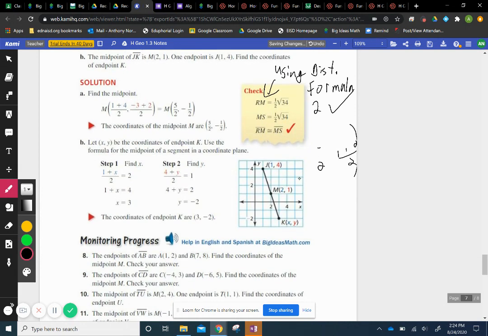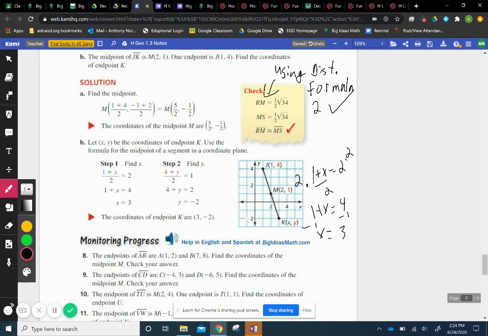We're going to find out what K is by using these 2 points. They're going to use some algebra. 1 plus x equals 2 over 2. Multiply both sides by 2. So 1 plus x equals 4, minus 1, x equals 3. You do the same thing for the y.